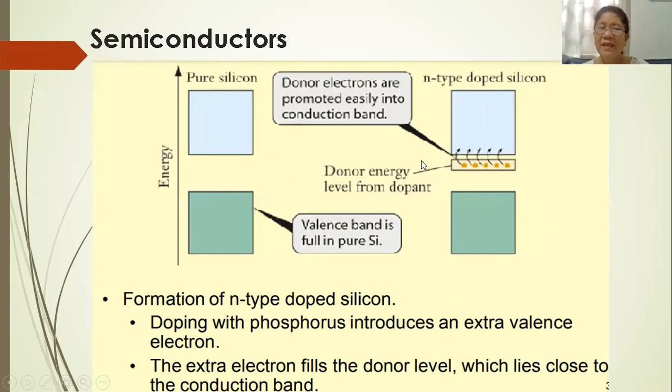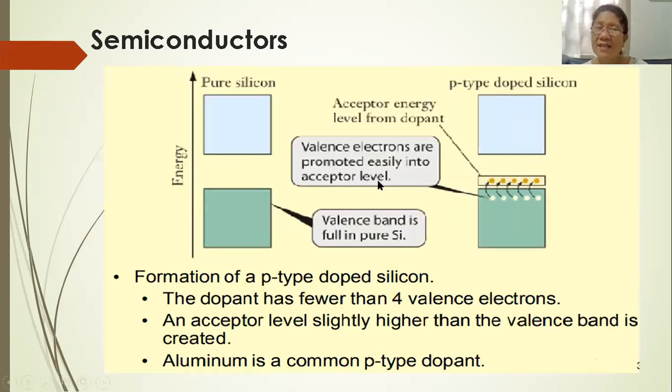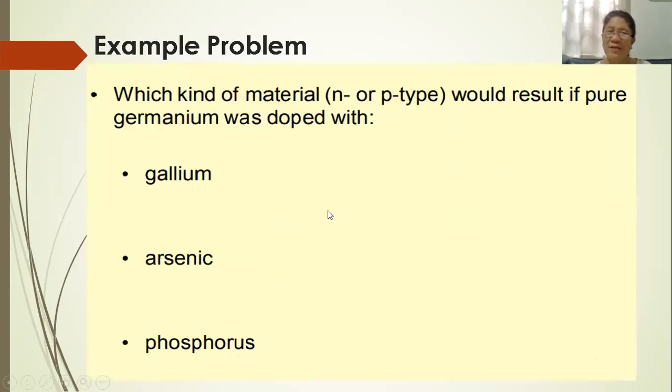In the donor level, the electron is transferred into the conduction band. Here, it is transferred to the valence band. Aluminum is the most common type of P-type dopant. So, this will be your assignment.